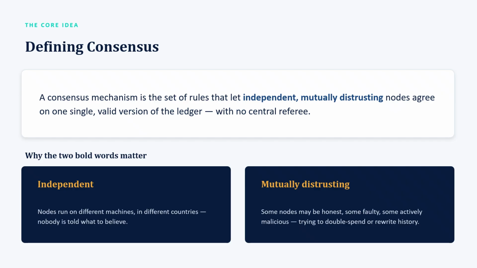Notice the two hard words: independent and mutually distrusting. Nodes do not know each other. Some might be honest, some broken, some actively malicious, trying to spend the same coin twice or rewrite history in their favor. Consensus is the protocol that makes all of that irrelevant. It guarantees that as long as the honest nodes are the majority, the network converges on the truth every time.